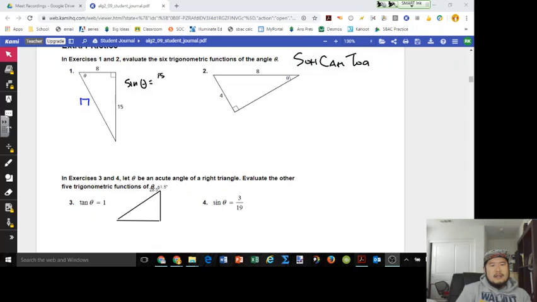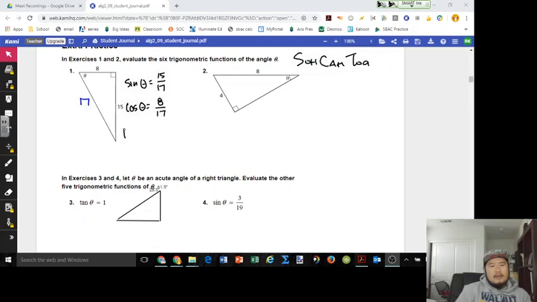So there's sine theta, 15 over 17. Cosine theta, we'll take a look at that angle again. Adjacent is 8, hypotenuse is 17.